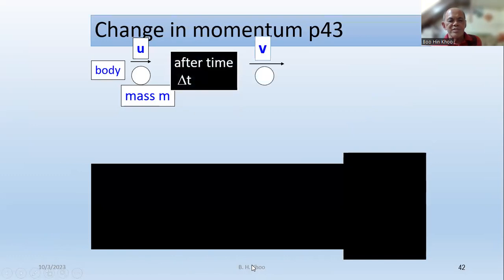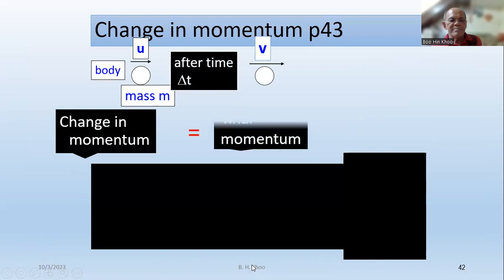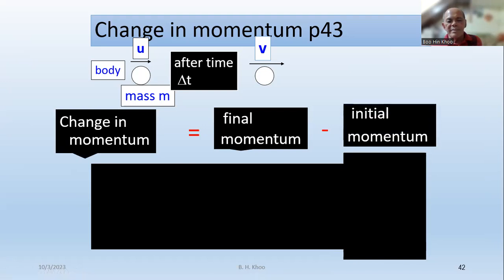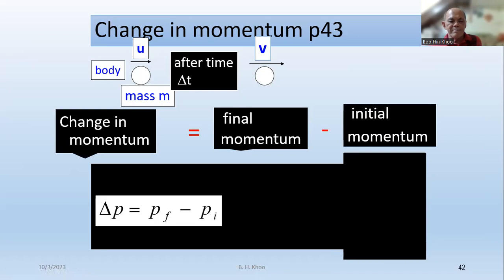Okay, let's just redraw the diagram. Change in momentum equals final momentum minus initial momentum. Okay, can write this way or that way there.